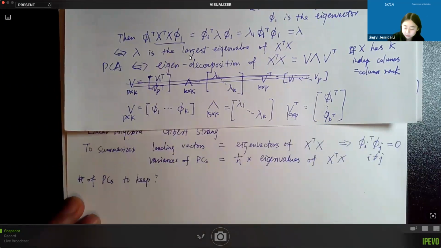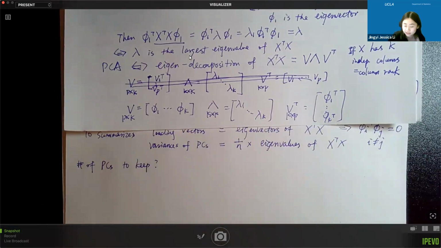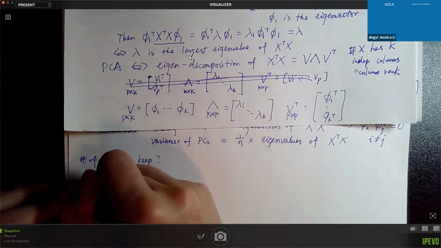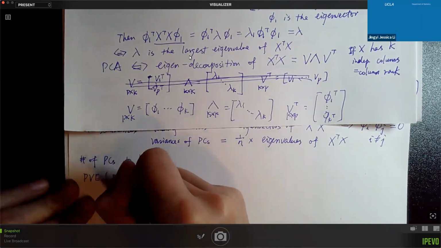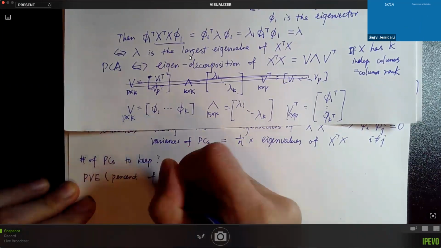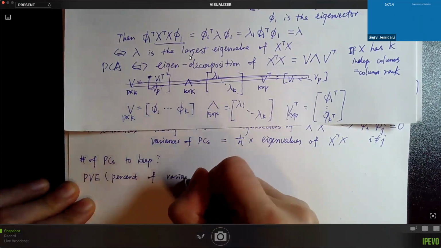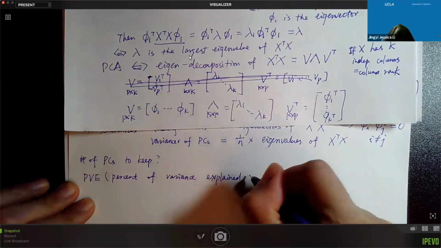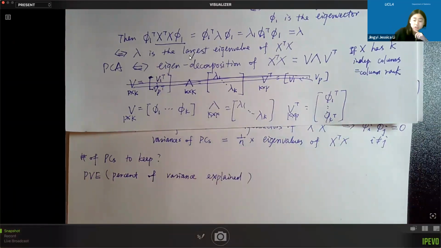So this amounts to the variance we explained. Essentially, to plot the percent of variance explained, called PVE, it's the total variance explained by how much in PC1, how much in PC2, right?